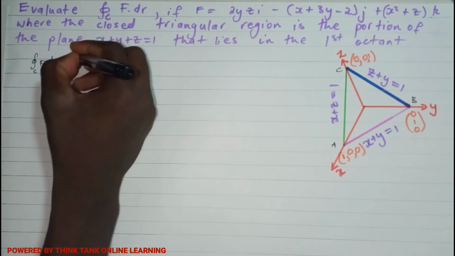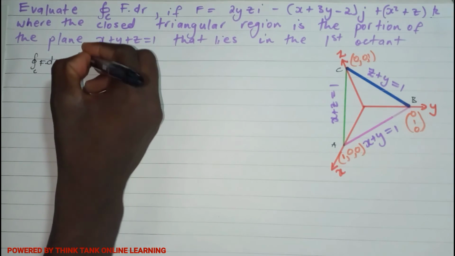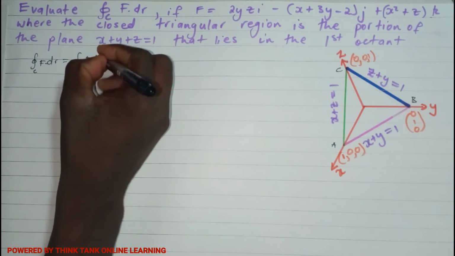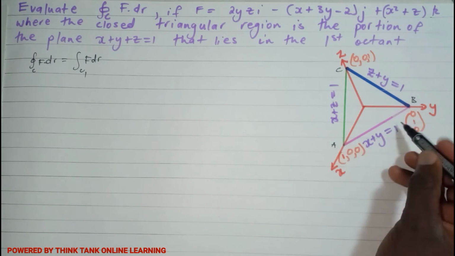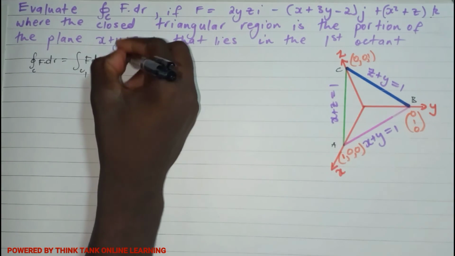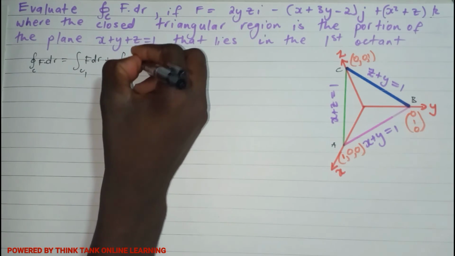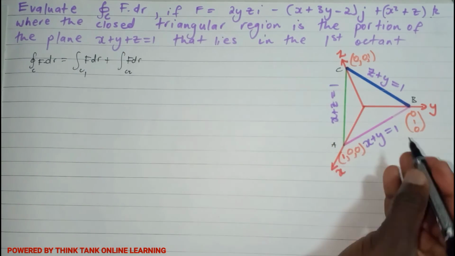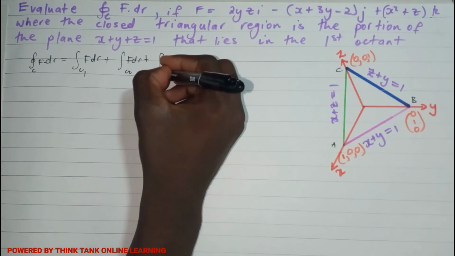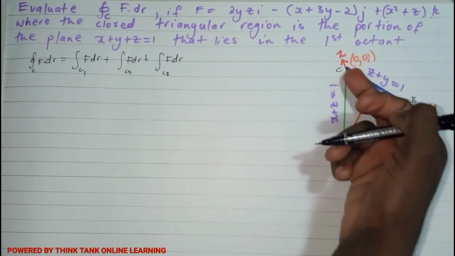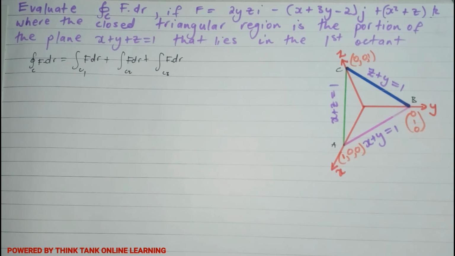It's going to be the integral of F dot dr over C1 from A to B, plus the integral of F dot dr over C2 from B to C, plus F dot dr over C3 from C back to A. That is a closed path. So I'm going to just do what we have just done there.